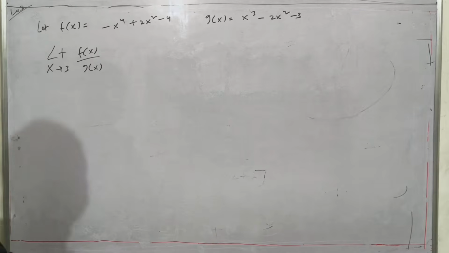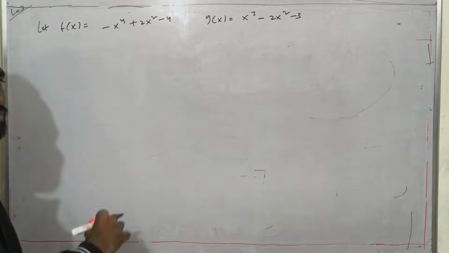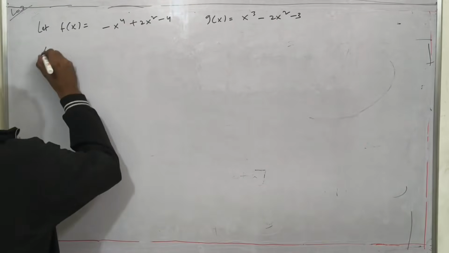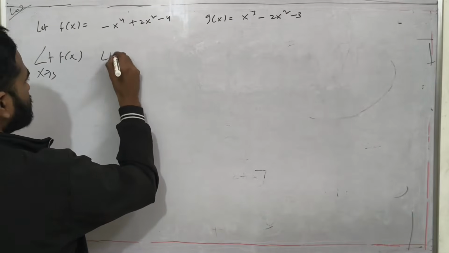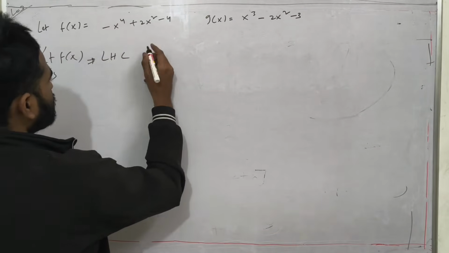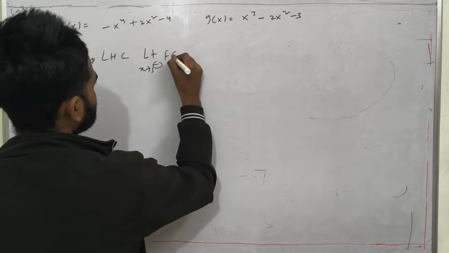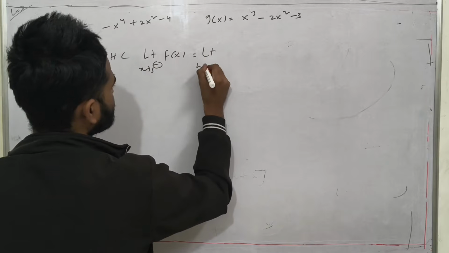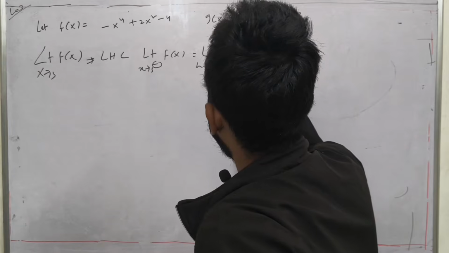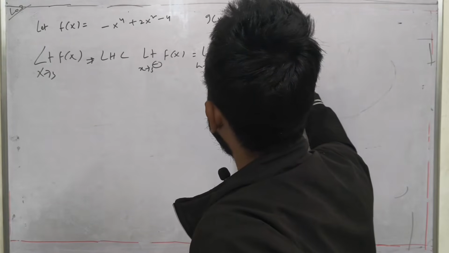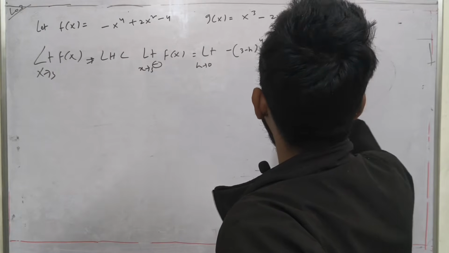Let's see whether the individual limits exist first, to use the formula. Let's find the left hand limit: limit as x tends to 3 minus of f(x) equals limit as h tends to 0 of f(3 - h) = -(3 - h)^4 + 2(3 - h)^2 - 4.